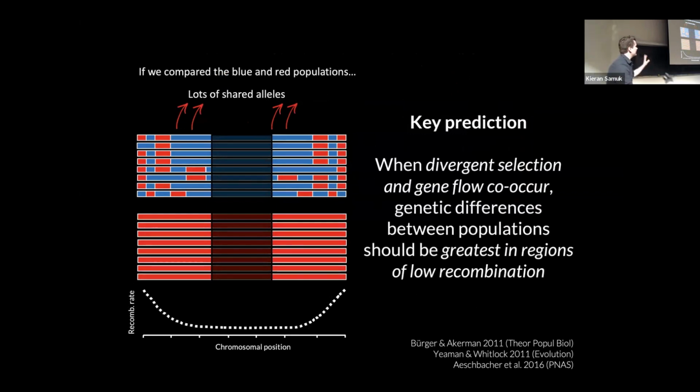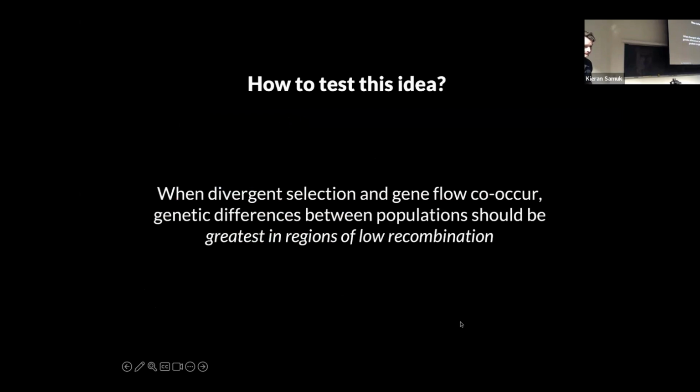And so this leads to a key prediction for testing these models. When we have the co-occurrence of divergent selection and gene flow, we should expect genetic differences between populations to be greatest in regions of low recombination. I hope that did the math justice.